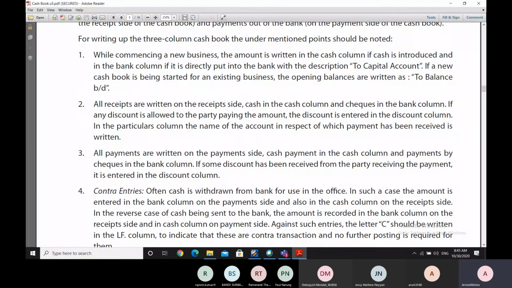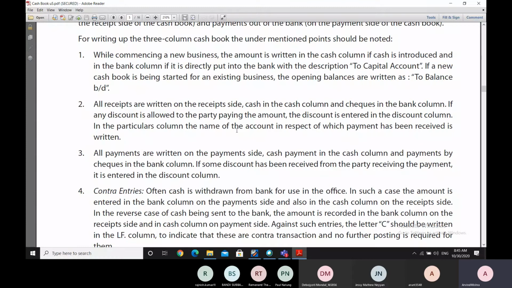All the receipts which are being received will be written on the receipt side. The cash receipts will be written in the cash column, and all the checks which are received will be written in the bank column. If any discount is allowed to any party which is paying a certain amount in cash, the discount would be entered in the discount column.